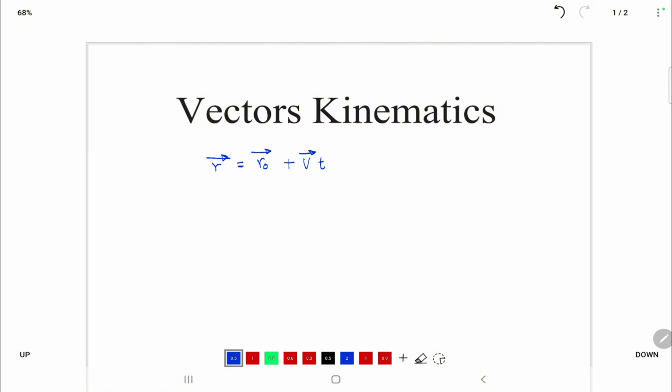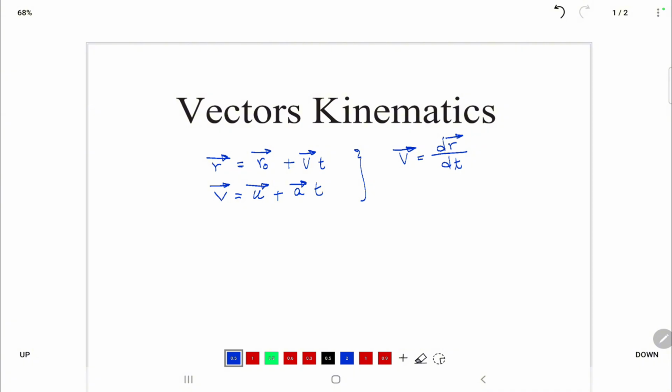And also we stated that v at any time, the vector, equals the initial velocity plus the acceleration vector multiplied by t. And also we showed that v, the velocity vector, is equal to the derivative of the position vector with respect to time.